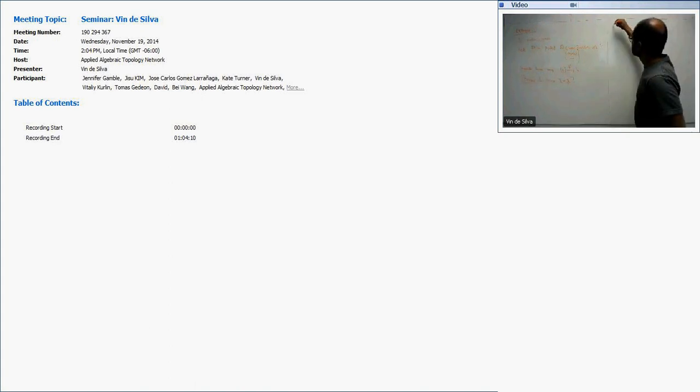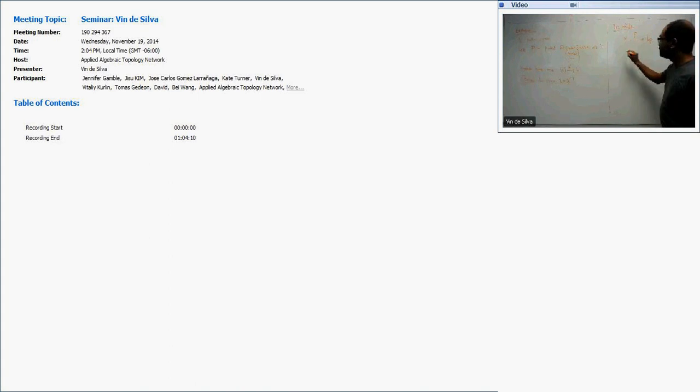We can construct a persistence module from P to F again.